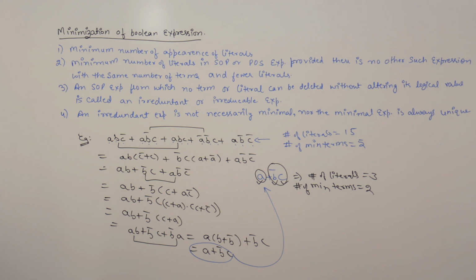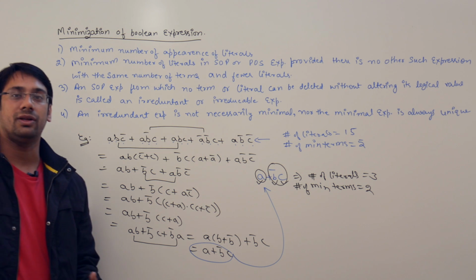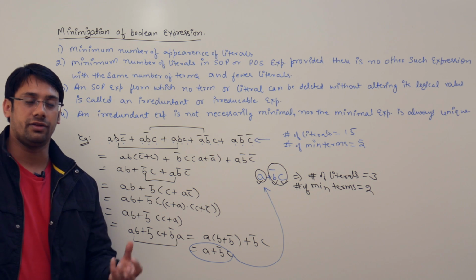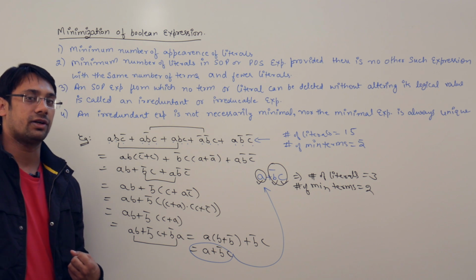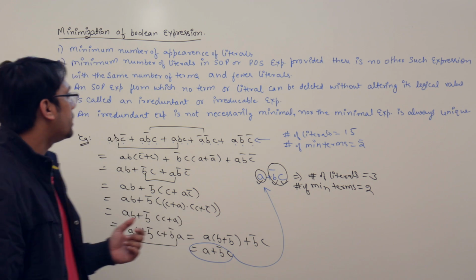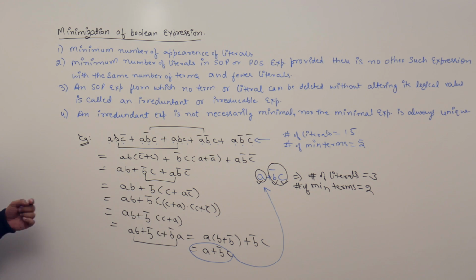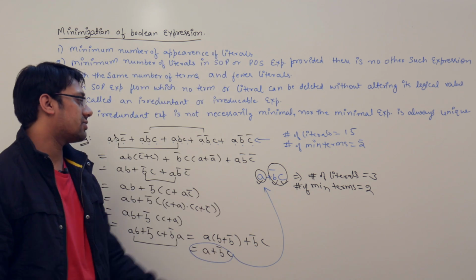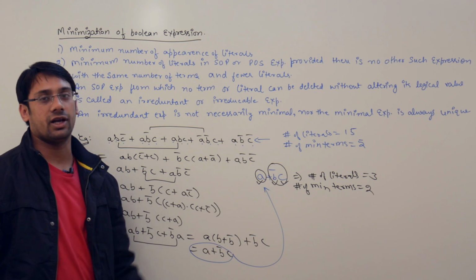So when we want to minimize an expression, that means we want to reduce some kind of cost criteria, and that cost criteria may be containing different kinds of measurements. For example, here if you want to minimize the cost criteria, we should say that there should be minimum number of appearance of literals. For example, here we have only 3 literals, but here we had 15 literals.